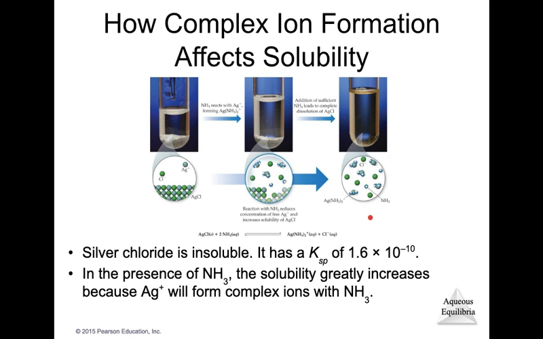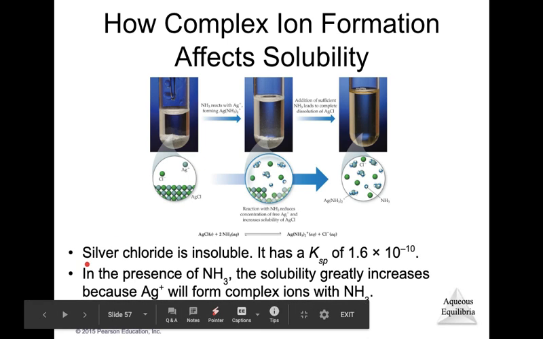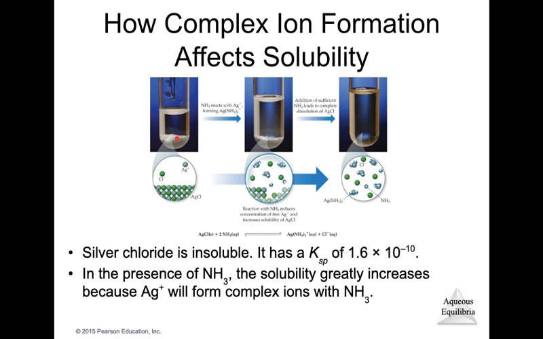So just real quickly, as an example of how complex ion formation affects solubility, in this particular example you can see that the silver chloride is insoluble. Okay, it has a KSP of, right here is your KSP, and this is your silver chloride at the bottom for the example.